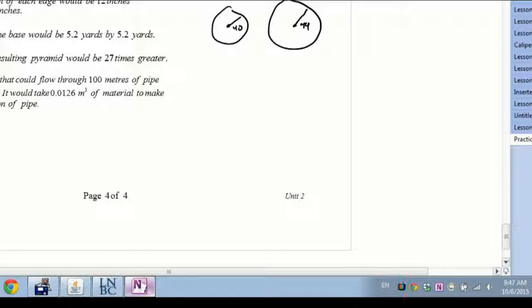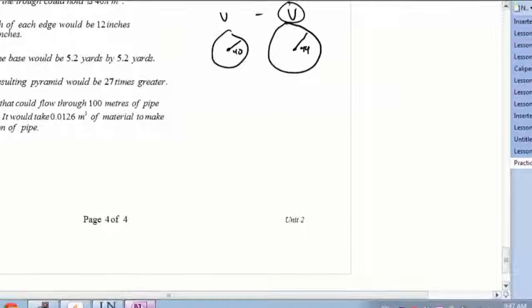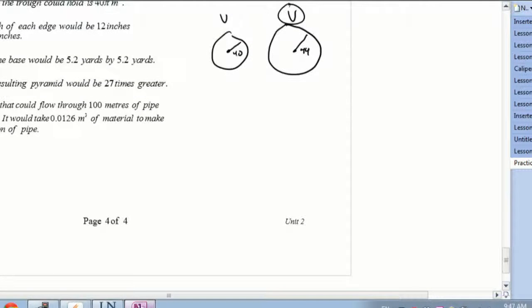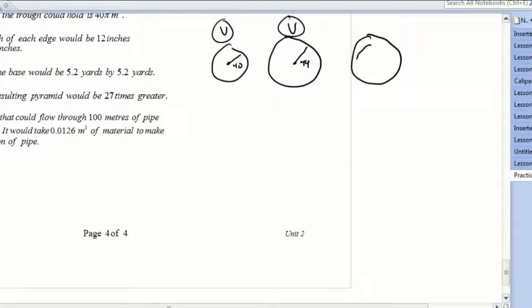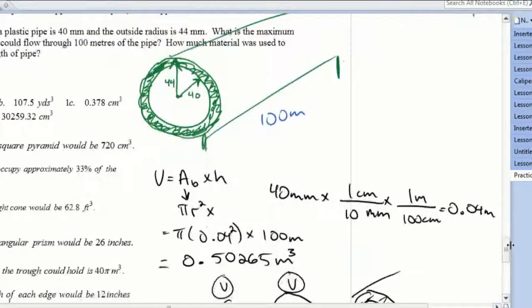Now if I find the volume of this bigger guy, and I subtract the volume of this guy, what's going to leave me with is I have the big guy, and then the little guy is gone out of the middle, so what's left is going to be the actual pipe. And in this case, the pipe is going to be 12 meters long. I believe that's what the question said. How much material is used to make a 12-meter length of pipe?